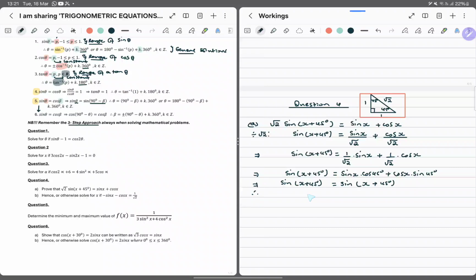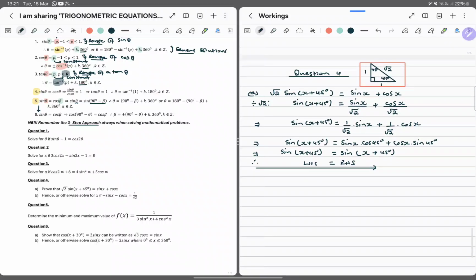We can say therefore the left hand side is equal to the right hand side, because you can see it's the same thing. So the identity has been proven, so you can just prove it like an equation. This is more like solving both the left hand side and the right hand side equally. Okay, but the standard approach, guys, let's just show a bit more here. We would choose the left hand side because the right hand side is already simple.